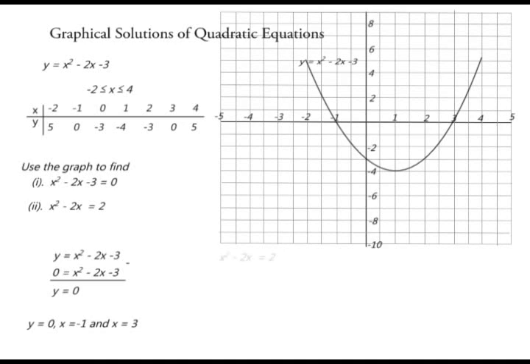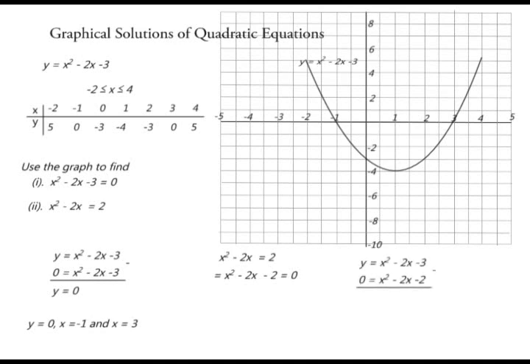For the second one, x squared minus 2x is equal to 2, we write it to have 0 on the right hand side. So we have x squared minus 2x minus 2 is equal to 0. Now we subtract it from our equation.